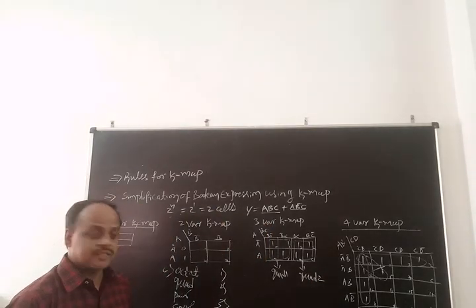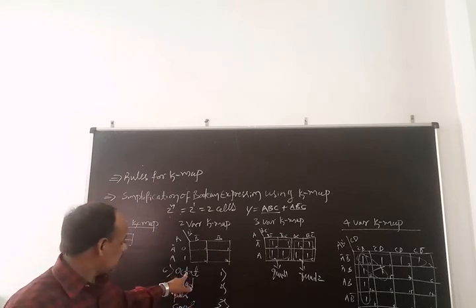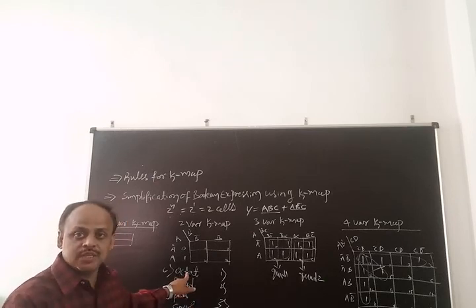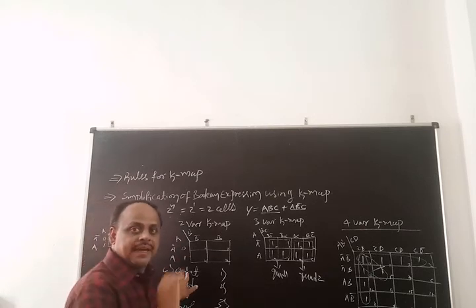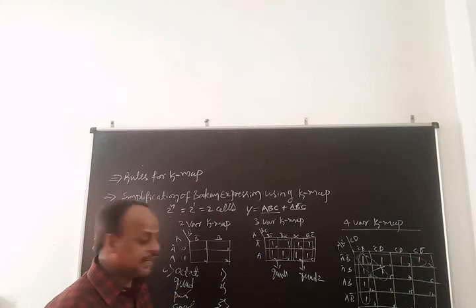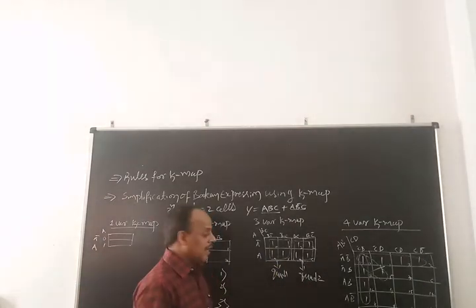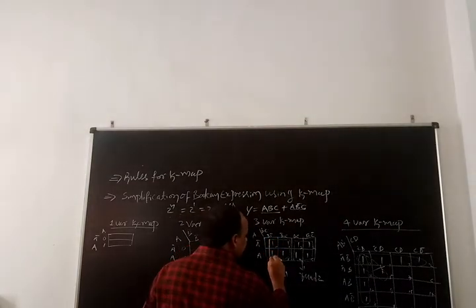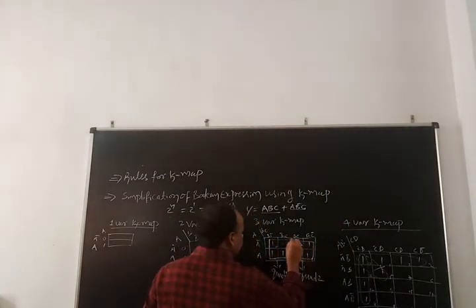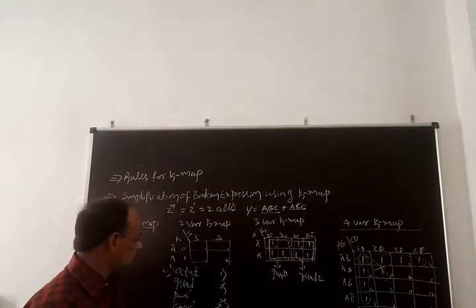But the rule says that while making groups we have to give preference to octet first. If an octet is possible, we have to make a group of octet, not quad. So this is wrong. Instead of considering 2 quads, we have to make one octet like this.